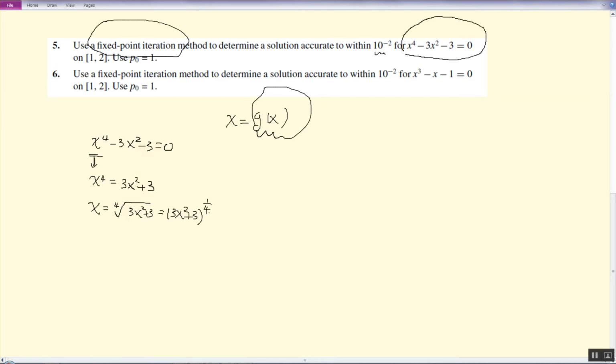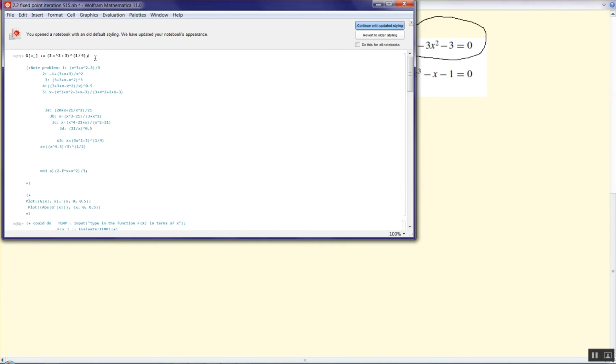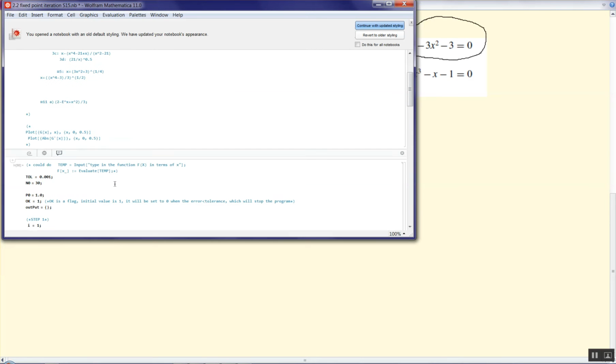This is my g, and this is what I would type into my fixed point program. I typed that in my program, and let me run it.